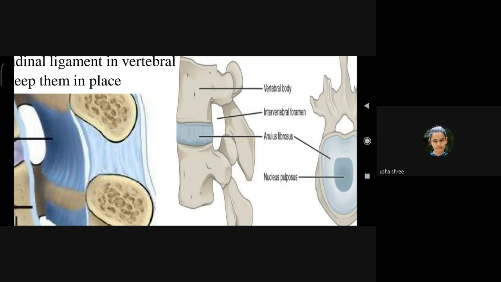This disc has a bit of thickness, and at the bottom and at the top of this disc we can find a cartilage which is attached to the top vertebra and the bottom vertebra.